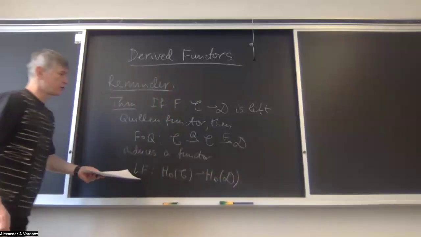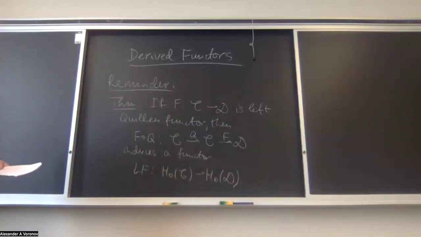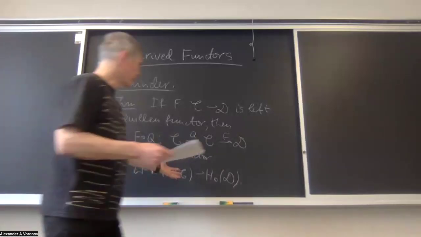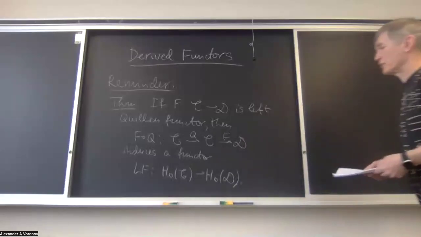And the idea of the proof was that we can just use the fact that the homotopy category is a localization and use the universal property.